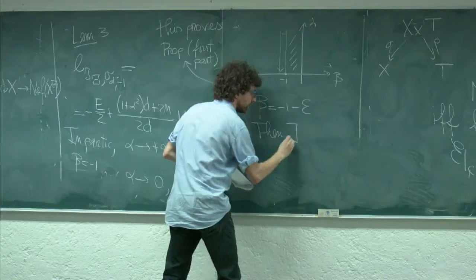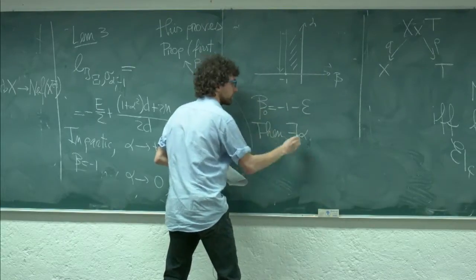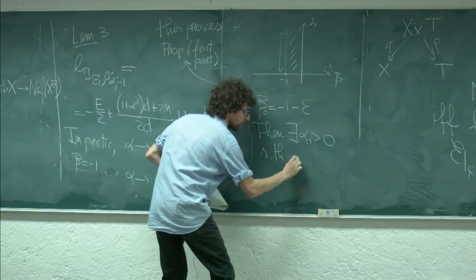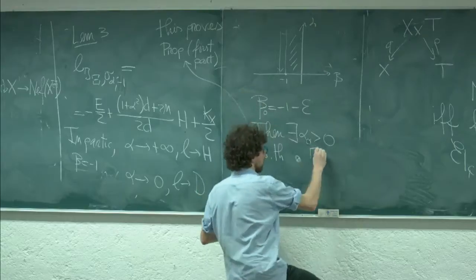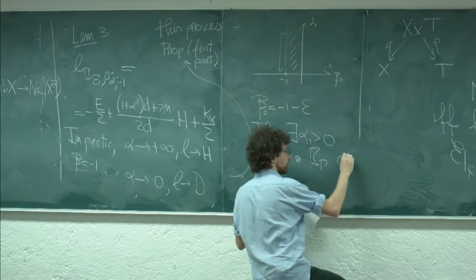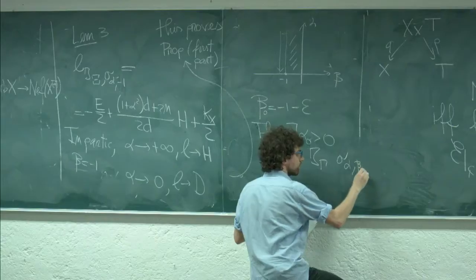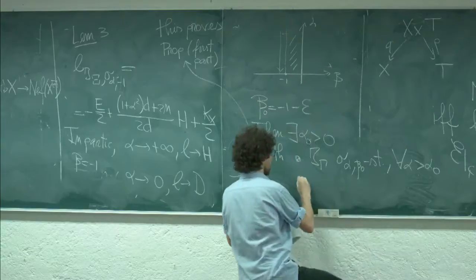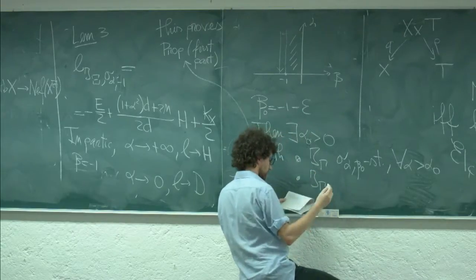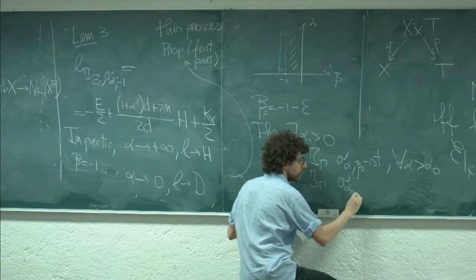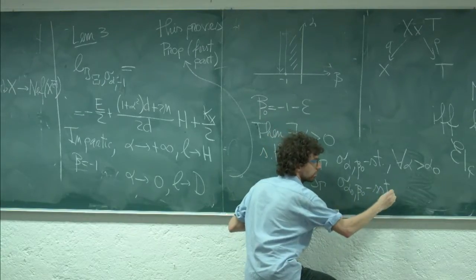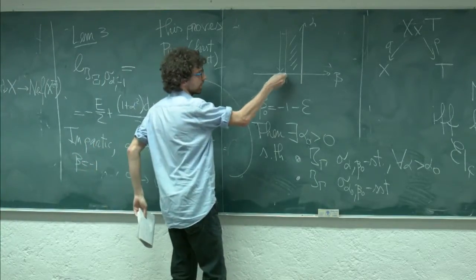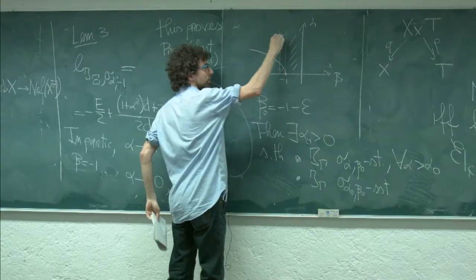It says that there is an alpha, let me call it alpha 0, which is positive, such that the following happens: gamma is sigma alpha beta 0 stable for all alpha greater than alpha 0, and gamma is sigma alpha 0 beta 0 semi-stable at alpha 0. So essentially there is a wall coming out, and I'm going down until I hit this wall.